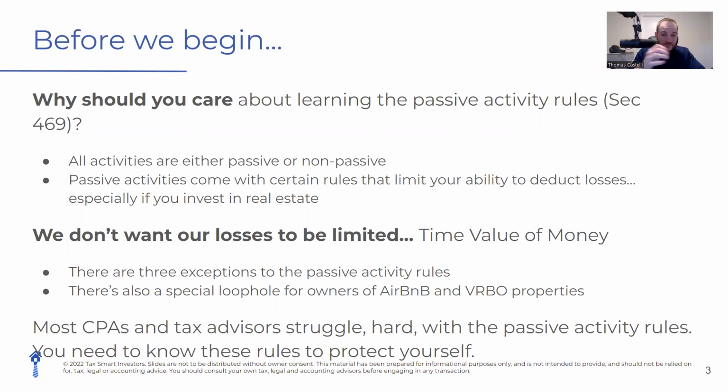But if you're able to use a strategy like the short-term rental loophole, for example, to offset your taxes, that could allow you to take that $10,000 and invest it today. And let's just say you invested that $10,000 at an 8% return, which is really quite conservative for real estate in general. And it's even more conservative when you're talking about short-term rentals. But let's just say it's 8% for the sake of argument. In 10 years, if that 8% compounded every year, you're going to be left with $21,500, right?